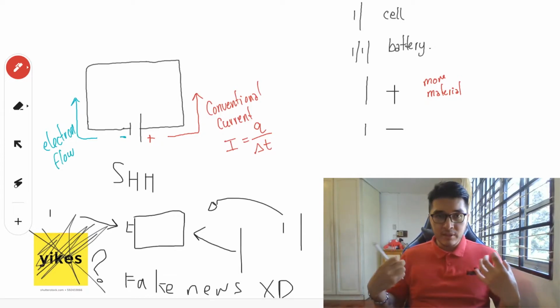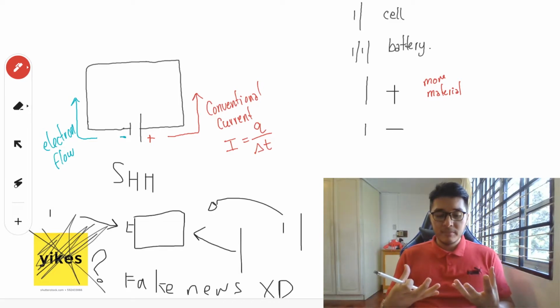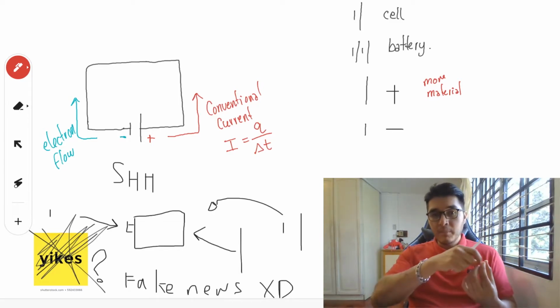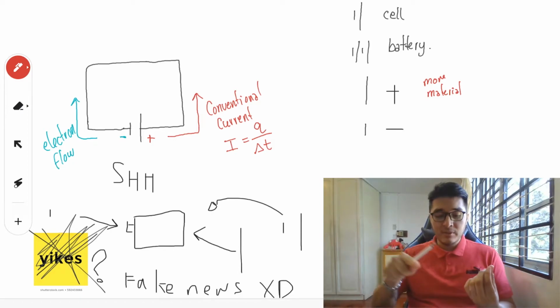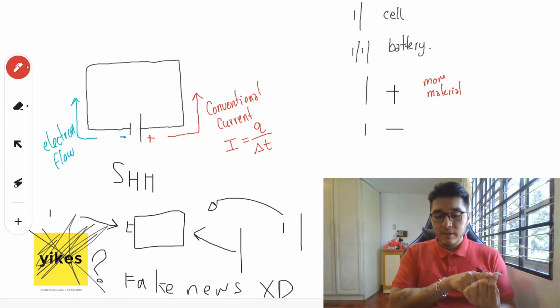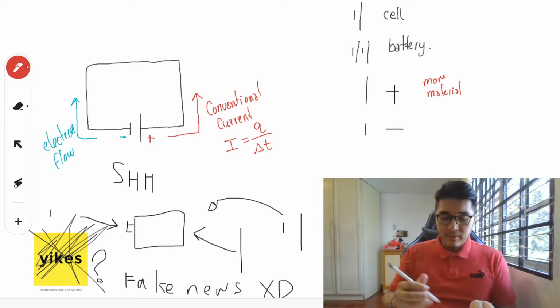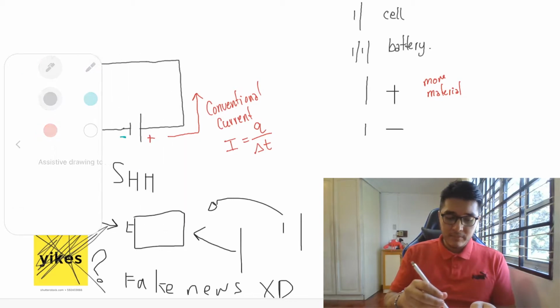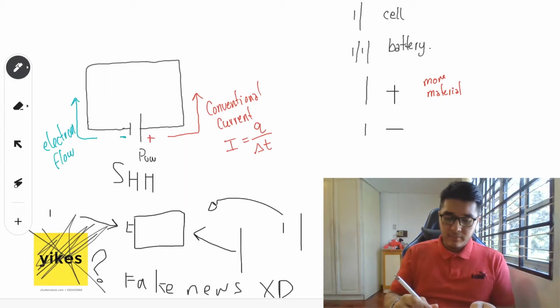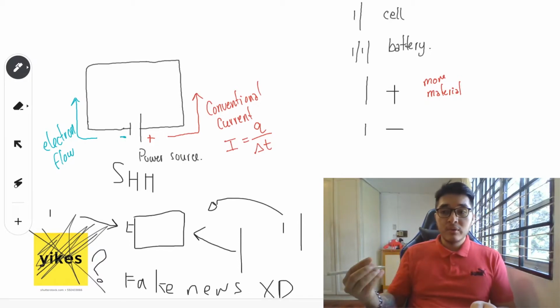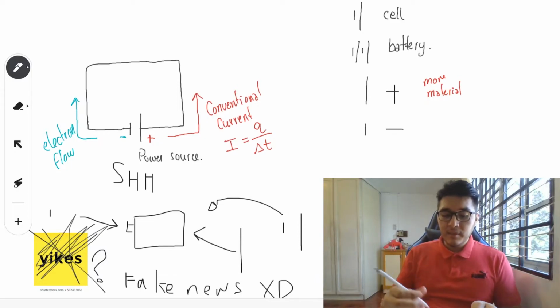The power source is what gives the potential energy, and that potential energy gets used as it travels along the wire into electricity. So we need a power source. But a more technical way of saying that is we need an electric potential difference.